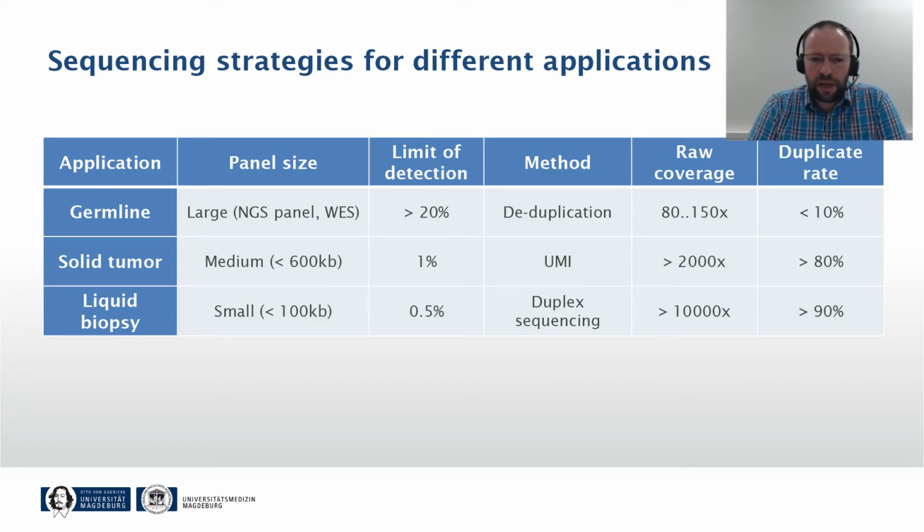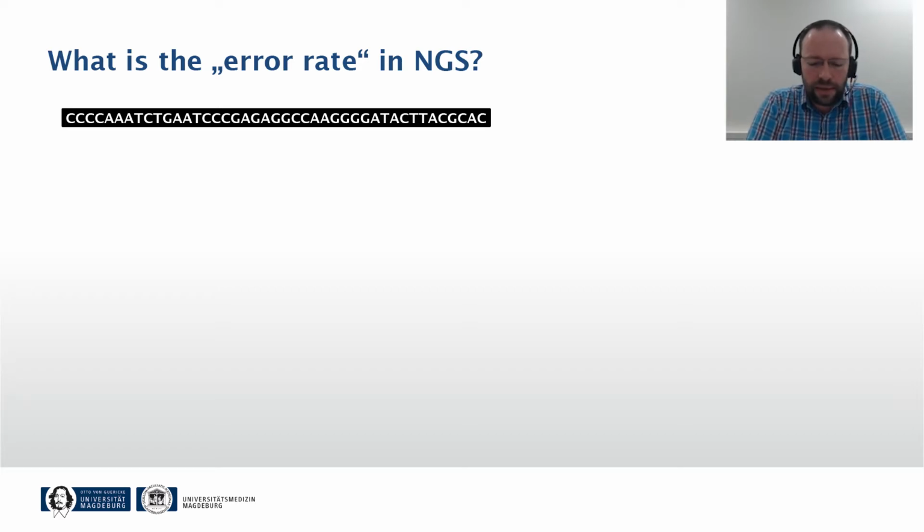And also for liquid biopsy, the limit of detection drops further because the amount of DNA material we are interested in within the sample is quite low. So we have to focus on very small panels, below 100 kb, maybe below 20 kb. I will show you later. And the method needed for this analysis will change to duplex sequencing, and the raw coverage will further increase.